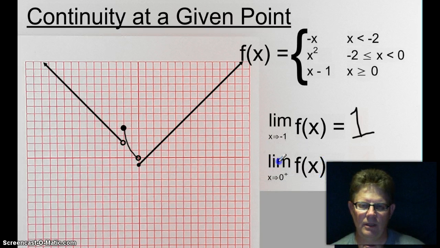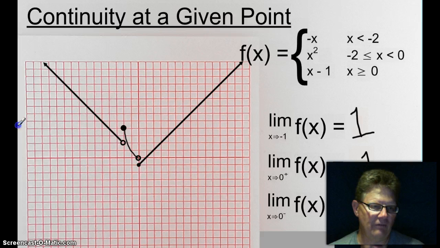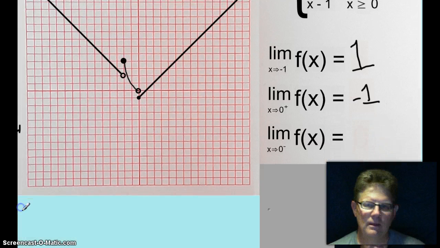How about the limit of f of x as x approaches 0 from the left? From the left, it looks like we're approaching negative 1. That is the y value. Oh, sorry about that, the limit of f of x as x approaches 0 from the right.